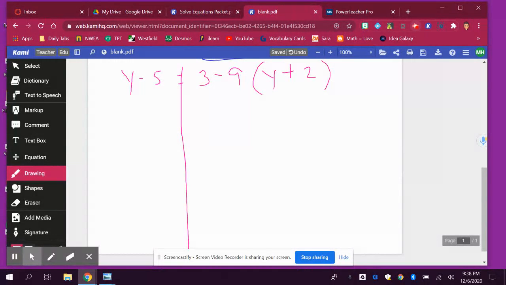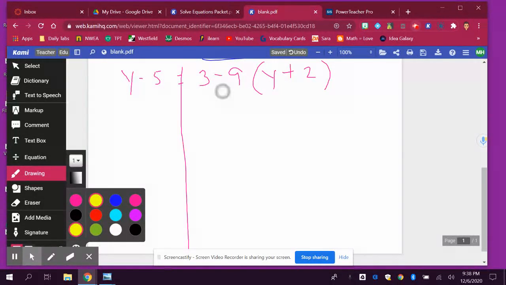I notice on the left side I don't have any distributive property. I also don't have any like terms. So the left side is already simplified. However, on the right side, I do have the distributive property right here. And notice I'm going to be distributing this negative 9.